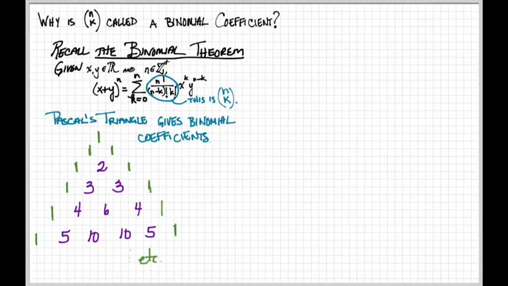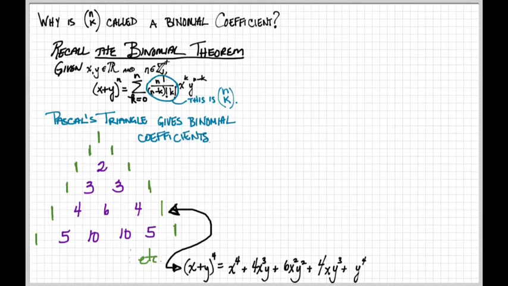So if I wanted to write out what x plus y to the 4th would be, I use the coefficients based on the row in Pascal's triangle. So I get 1 x to the 4th, 4 x cubed y, 6 x squared y squared, 4 x y cubed, plus 1 y to the 4th.